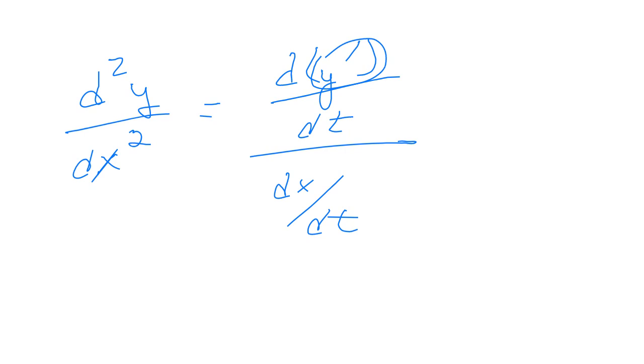So instead of doing examples in the book, should we do an odd? How about number 11? Number 11 says to find dy/dx and d squared y/dx squared without eliminating the parameter t.